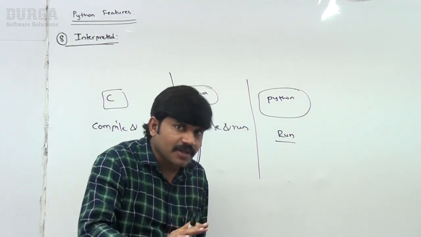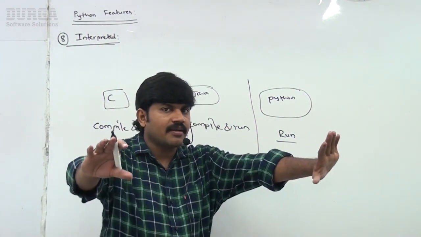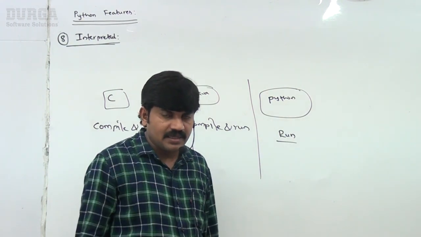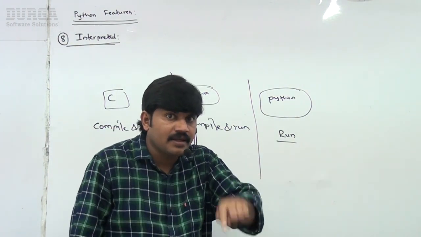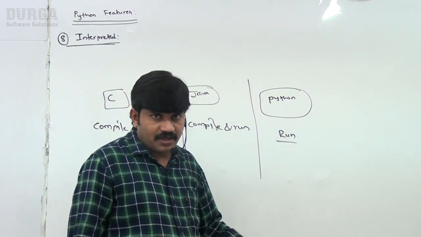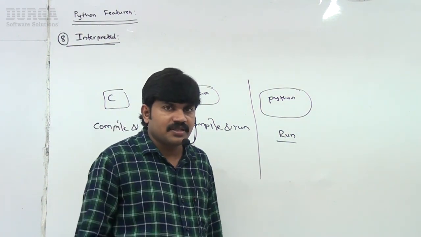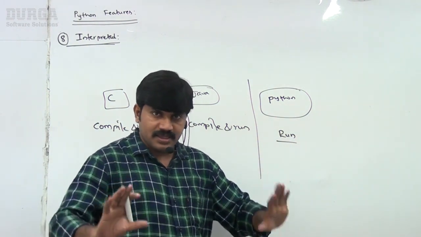Internally, the interpreter is responsible to compile. Programmers, we are not required to compile explicitly. Inside the Python virtual machine, an interpreter is there. That interpreter is responsible for performing compilation, right? If any syntactical mistakes are there, then immediately the interpreter is going to raise syntax errors.